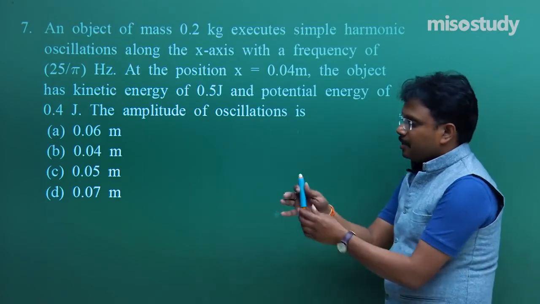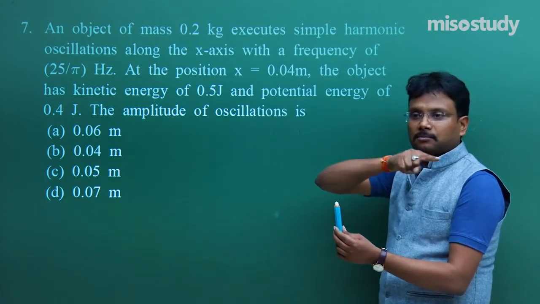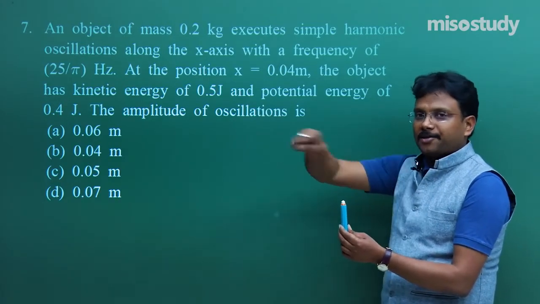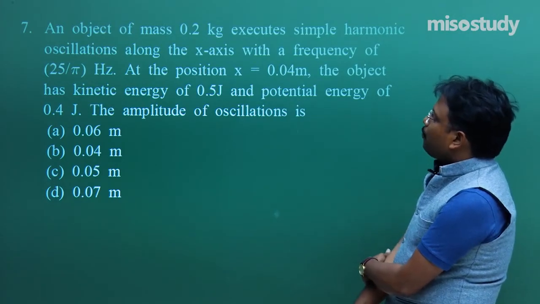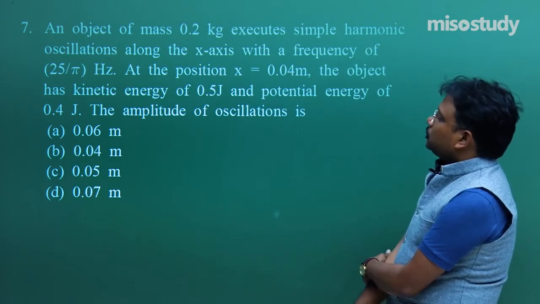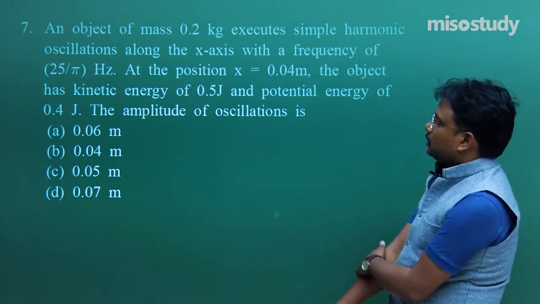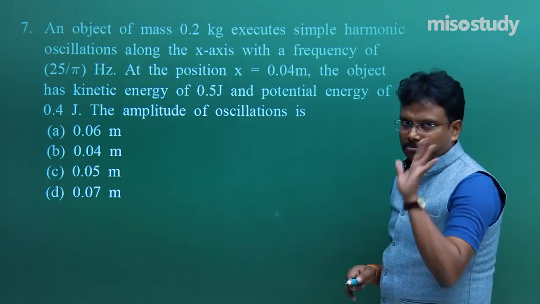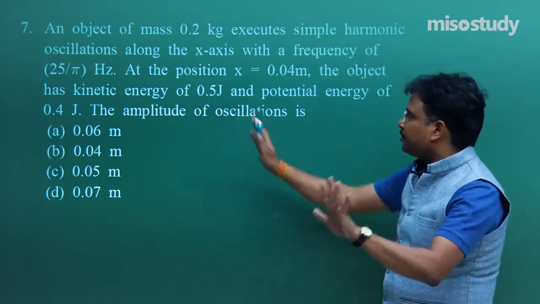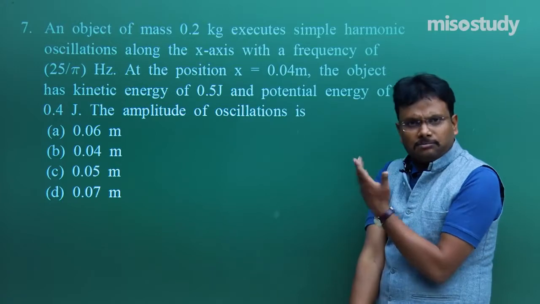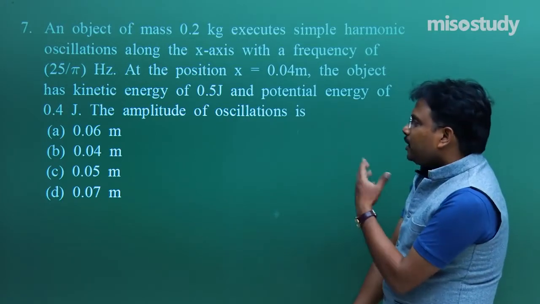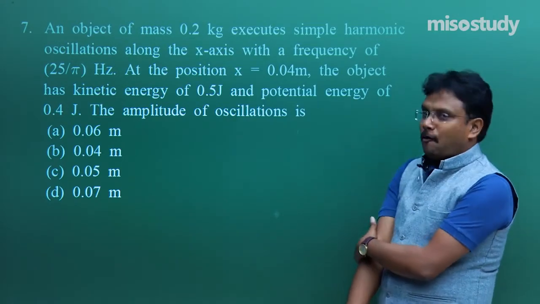Along x-axis means this way, fine, along horizontal x-axis. At the position x is equal to 0.04 meter, the object has kinetic energy, let us say K1, fine, value is given, but let us say K1, and potential energy, let us say P1. What is the amplitude of oscillations?